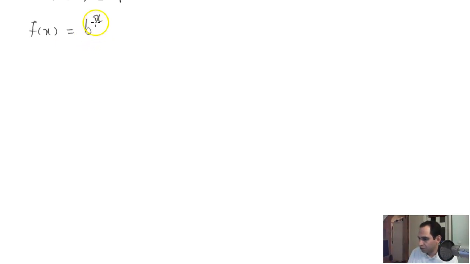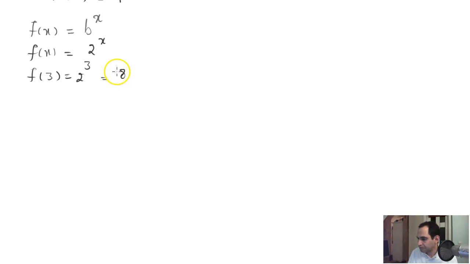You basically substitute x with any value, and then you can evaluate the function. For example, if f of x is equal to 2 raised to the power x, then f of 3 is equal to 2 cubed, or 2 raised to the power 3, which is equal to 8.